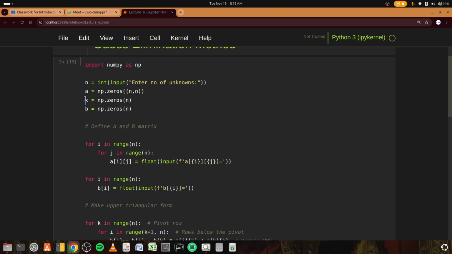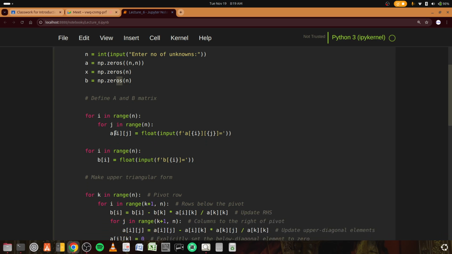Then initialize the variable matrix, a column vector of suppose 3 elements, and then this B, the non-homogeneous part, or the right hand side, will also have suppose 3 elements, B1, B2 and B3, and they are all 0 now. All these matrices are 0 now, right? So np dot zeros.